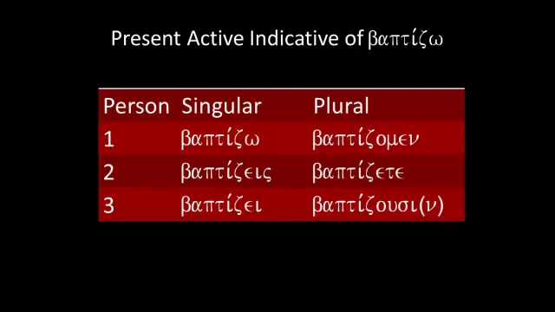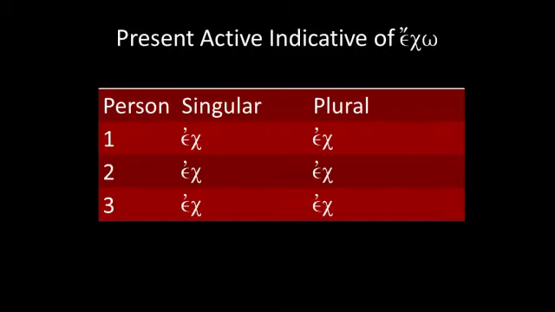By the way, on that third plural form, what is that nu in parentheses? That's a movable nu. If I said conjugate echo in the present active indicative, you would take the present stem ech and add the endings o, eis, ei, omen, ete, ousi, and you would get echo, echeis, echei, echomen, echete, echousi.